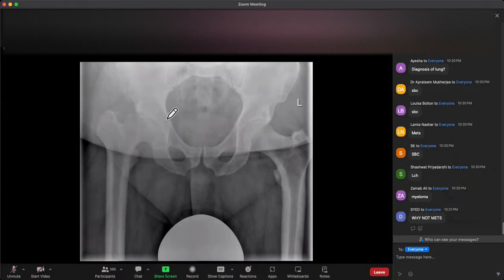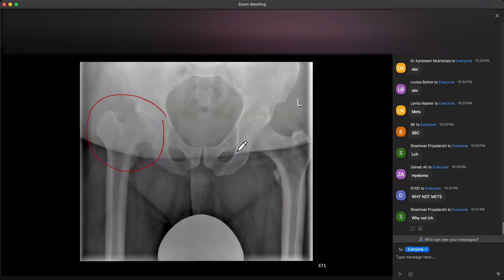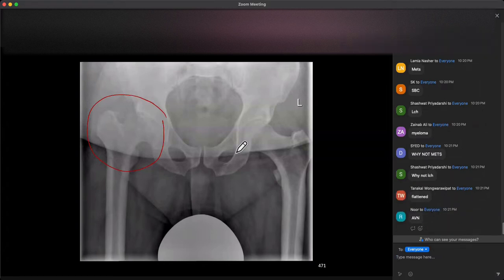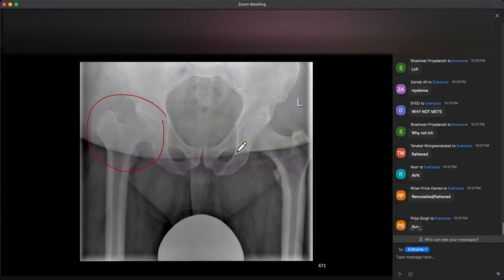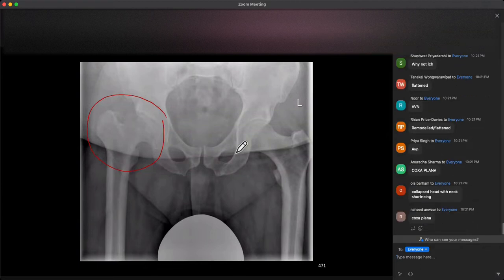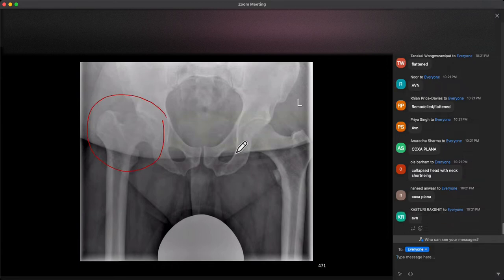How do you describe that femoral head and femoral neck compared to the other side? Yeah, it's remodeled and flattened. AVN, yeah, absolutely. And this is AVN from Perthes disease.